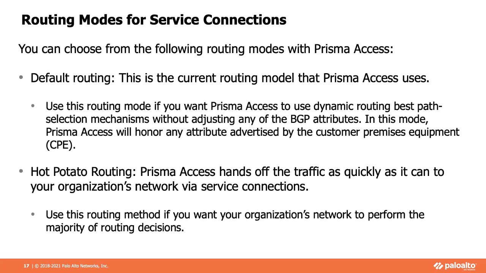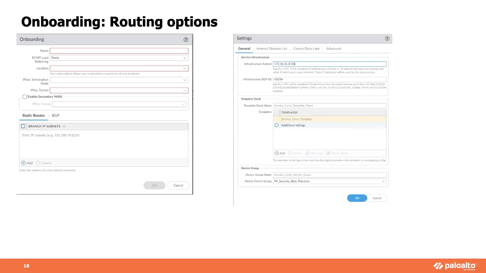When you onboard or configure RN SPNs or SC CANs, you have the ability to either use static routing, or when you onboard a security connection with a corporate access node, you have the ability to join a BGP AS.